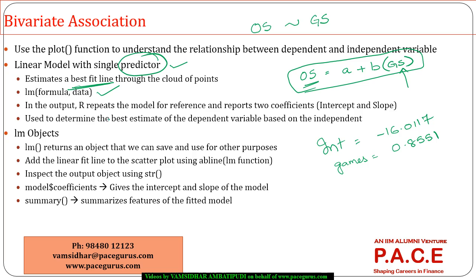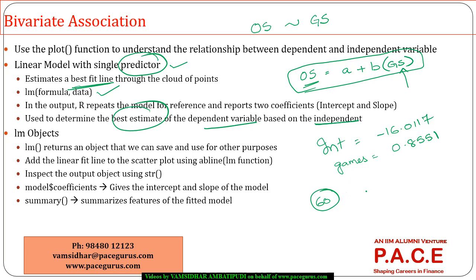So in the output, if I typically want to get a best estimate of the dependent variable based on the independent variable, then I'll use this formula. Let's say someone has given a game satisfaction as 60.